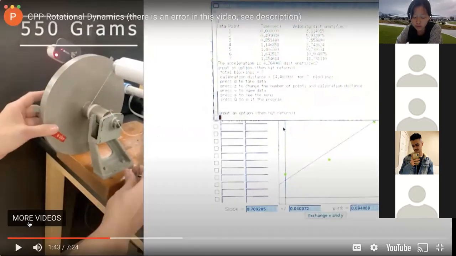They give you a slope. If you can see the slope, that's your angular acceleration. You want to write down 0.71.